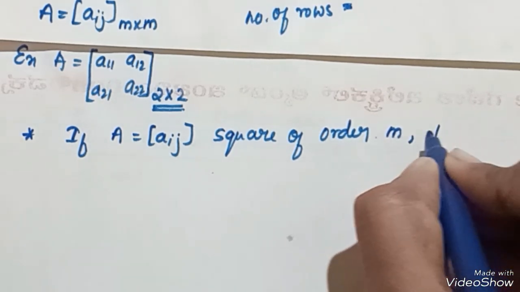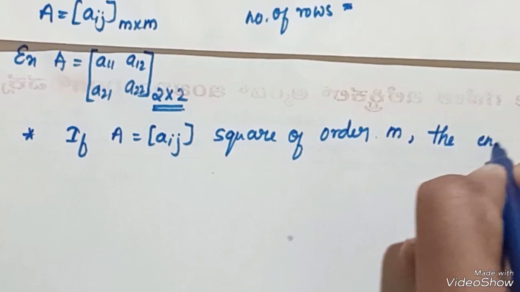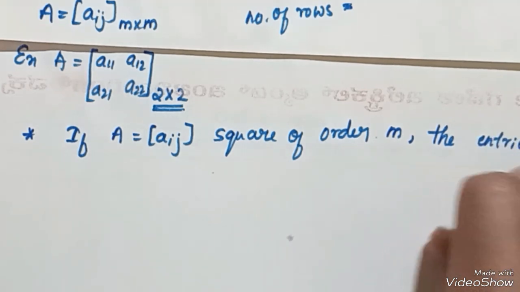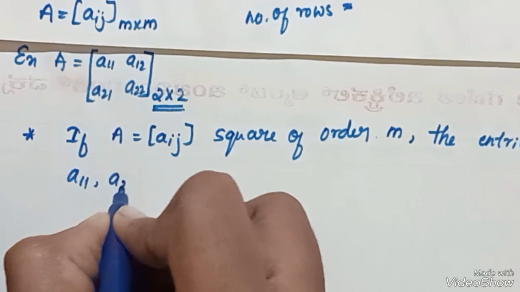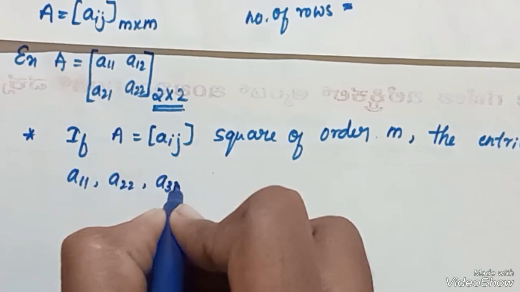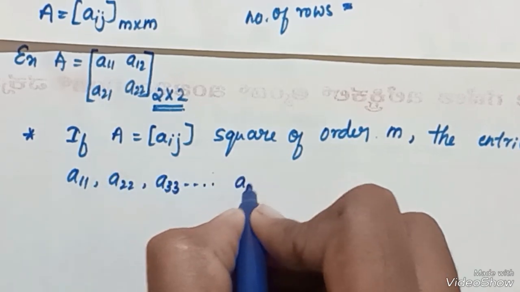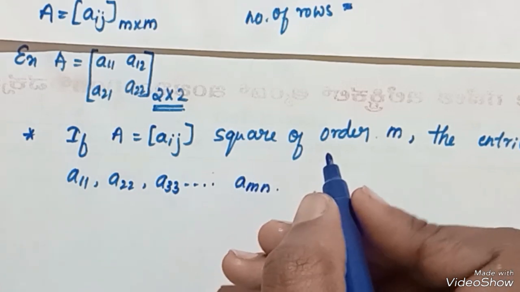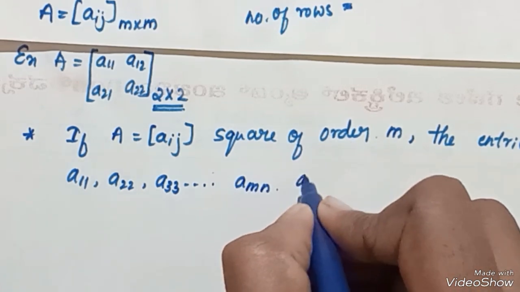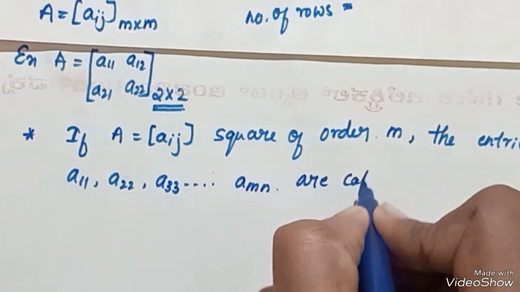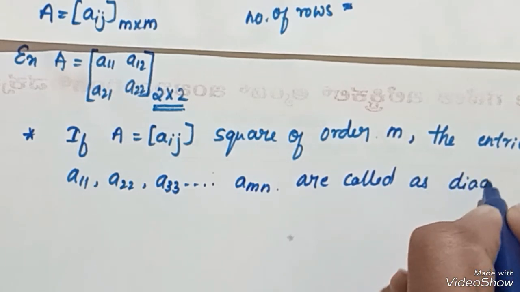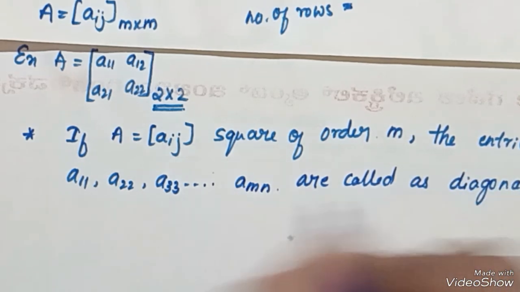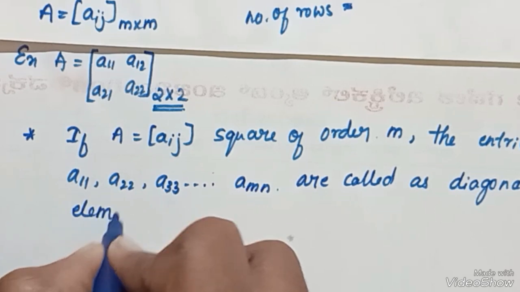Then the entries A11, A22, A33, and so on up to Amm are called the diagonal elements.